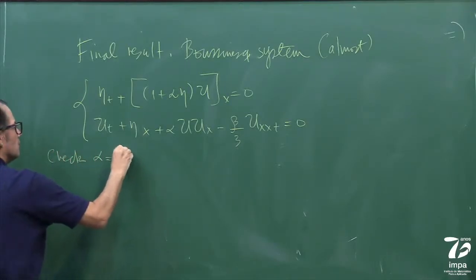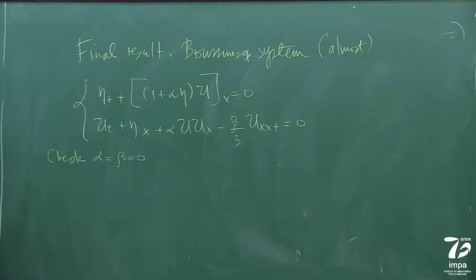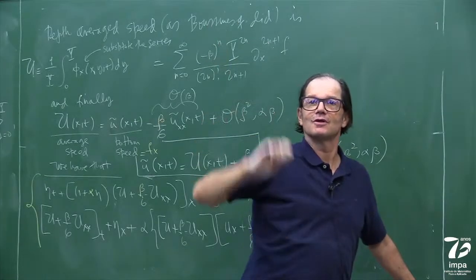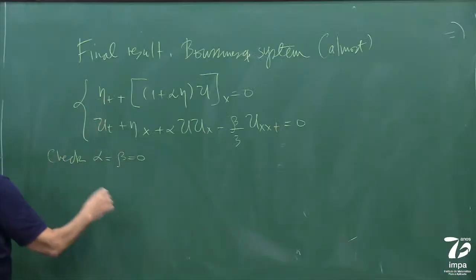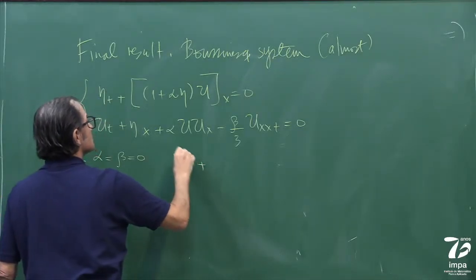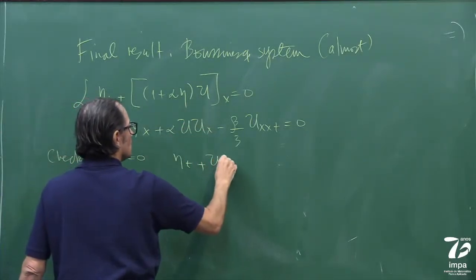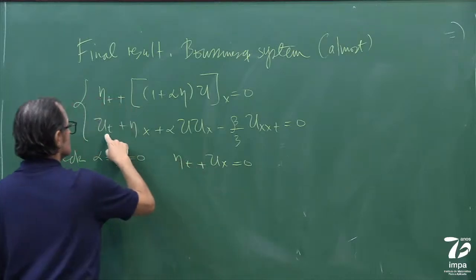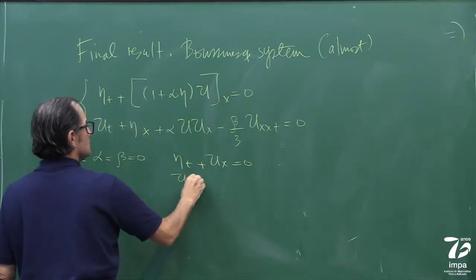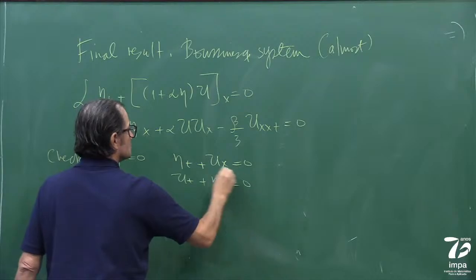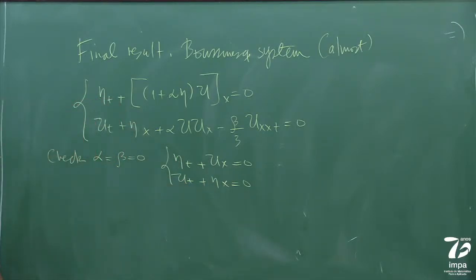Check alpha equal to beta equal to 0, which is the super simplification. Look what we get. Eta t plus u of x equal to 0, u of t plus eta of x equal to 0. The shallow water system we saw before, right?